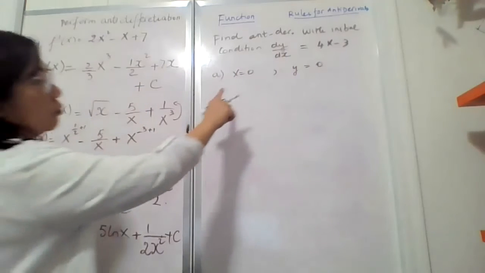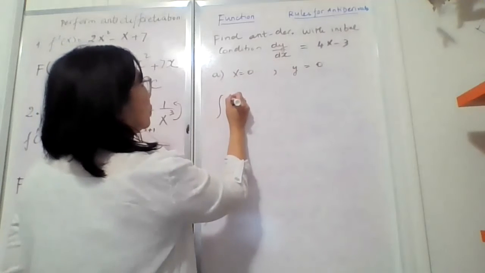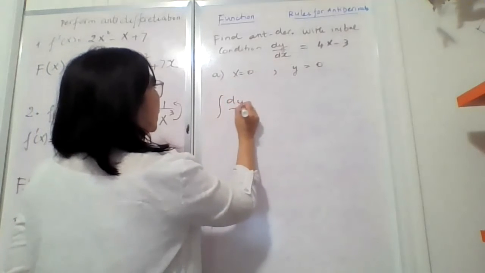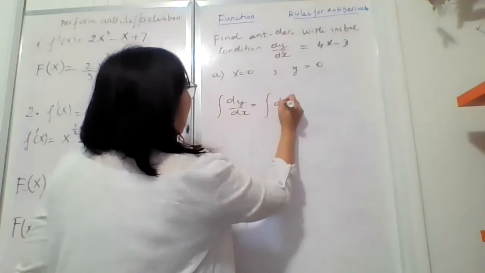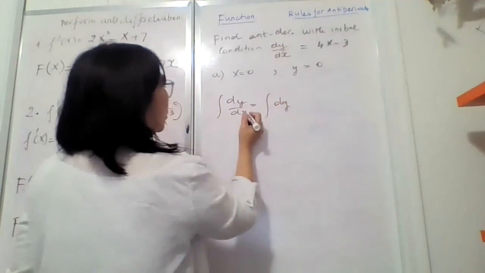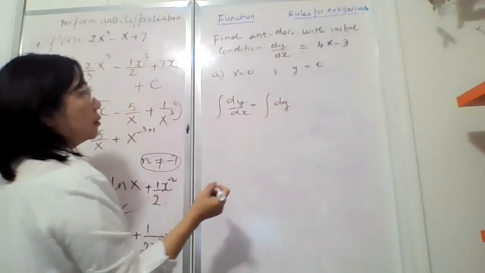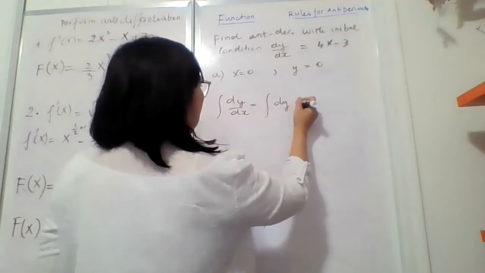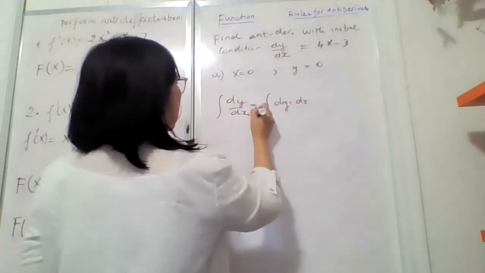Okay, so first we're going to do exactly the same. We're going to integrate dy over dx. And you also can write it like dy times dx in here as well. You can bring this up as well.